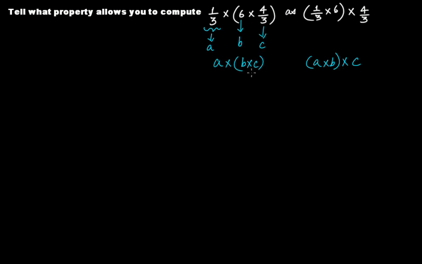If you look at this and this expression, these are actually equal, right? And it's the associative property of multiplication of rational numbers.